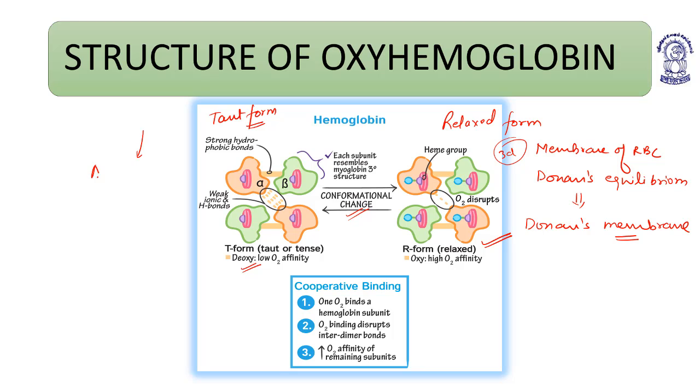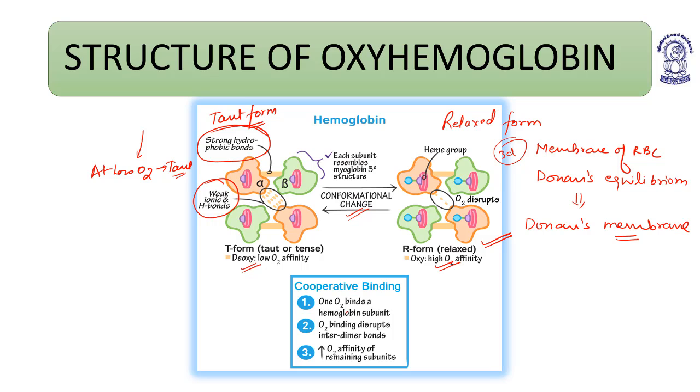So at low oxygen concentration, taut form is there because of the presence of strong hydrophobic bonds, and weak ionic and hydrogen bonds. Taut form or tense form is there, and the oxygen disrupts the weak ionic and hydrogen bonds, which causes the relaxed form or high oxygen affinity.